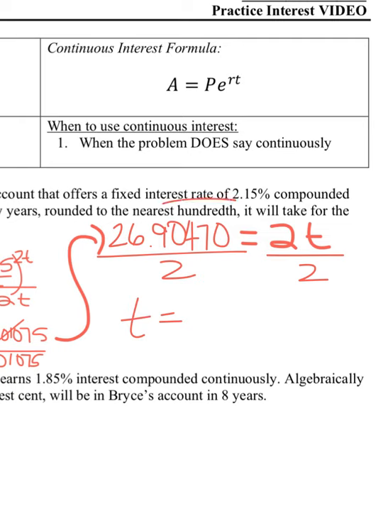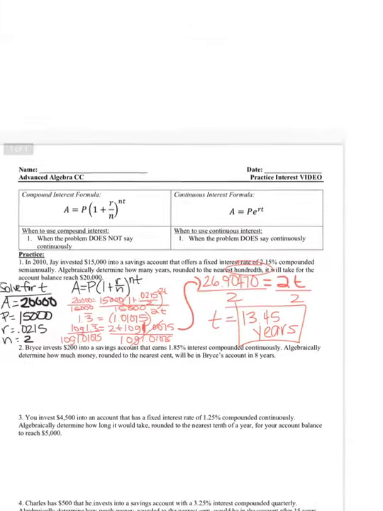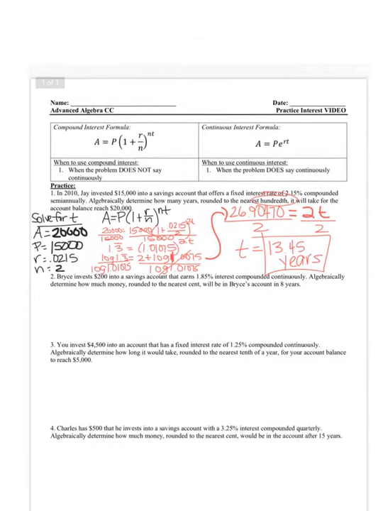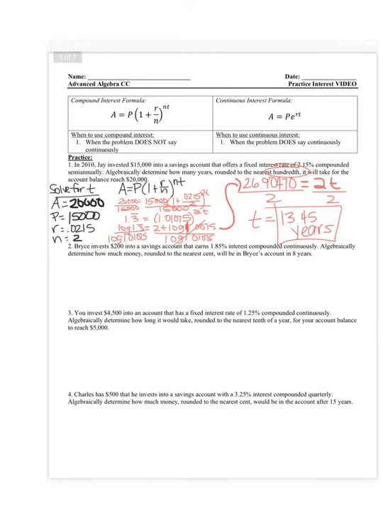We are rounding to the nearest hundredth: 13.45 years. So the only new thing we're doing today, the only thing different from last week, is knowing when you're going to use compound interest and when you're going to use continuous interest. Once you make that decision, everything else is old stuff from last week.